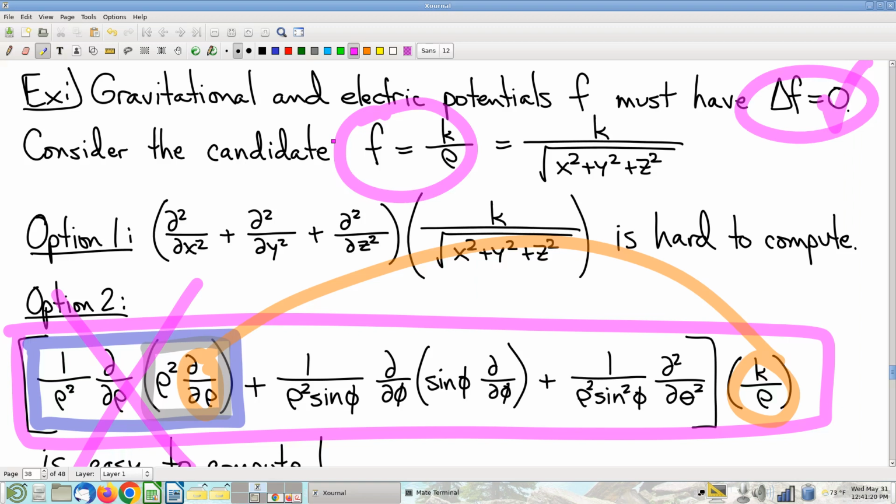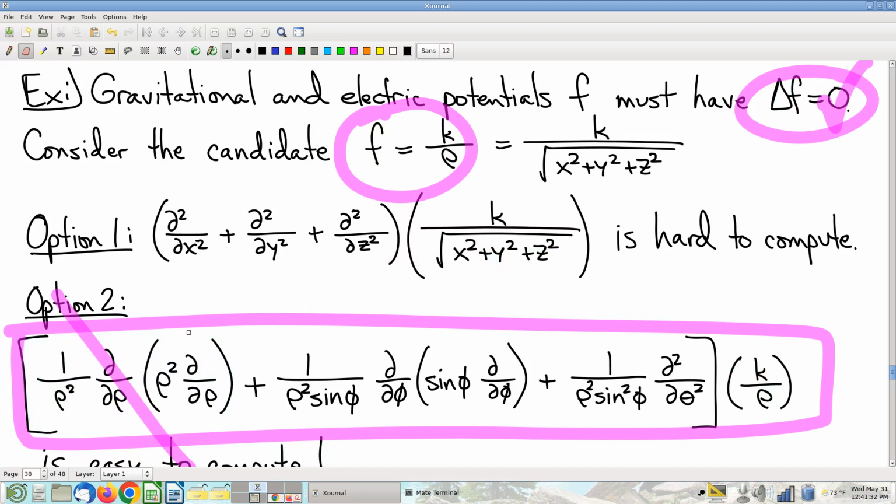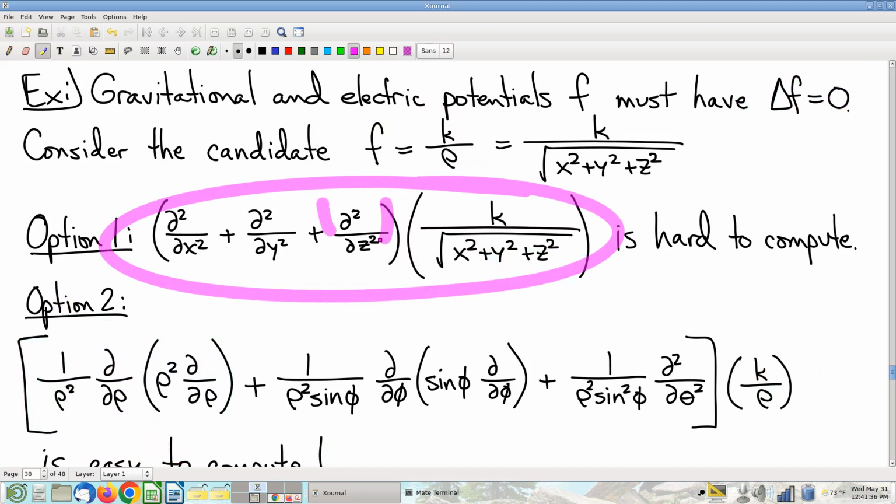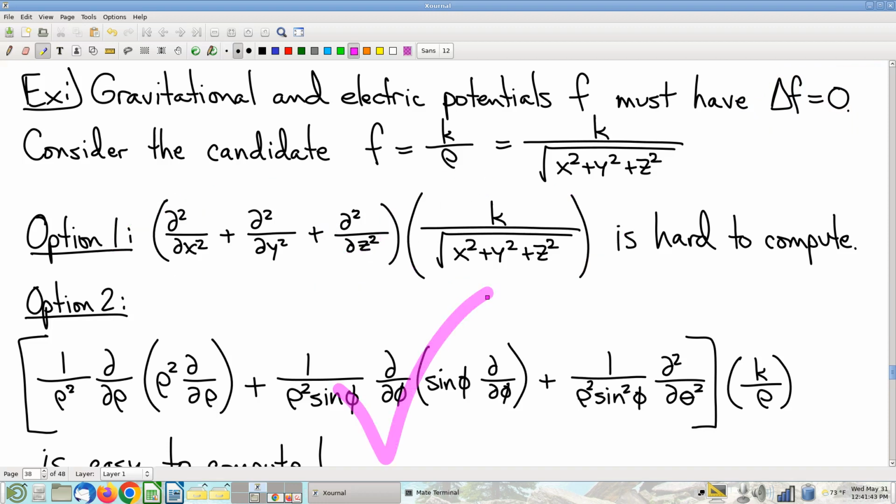And so we just accomplished something in what you might call electrostatics or astrophysics, however you want to call it. So spherical coordinates, big win. It all comes from being able to rewrite an ugly question that was in rectangular coordinates in spherical coordinates.